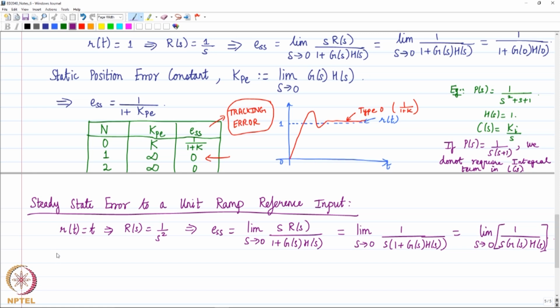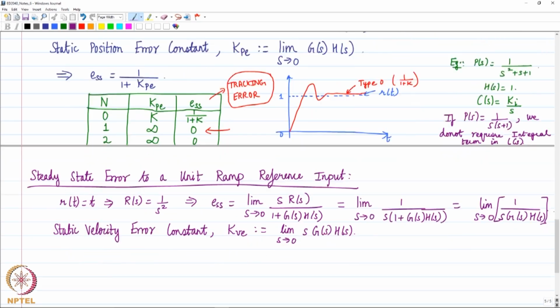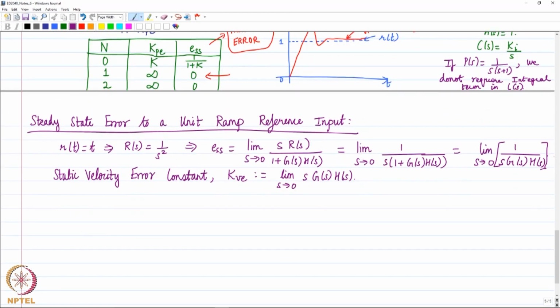Okay. So, then the term static velocity error constant KVE is defined as limit s tending to 0 of s times g of s h of s.